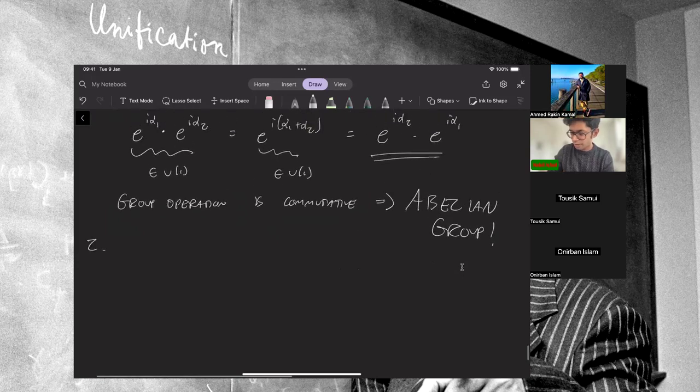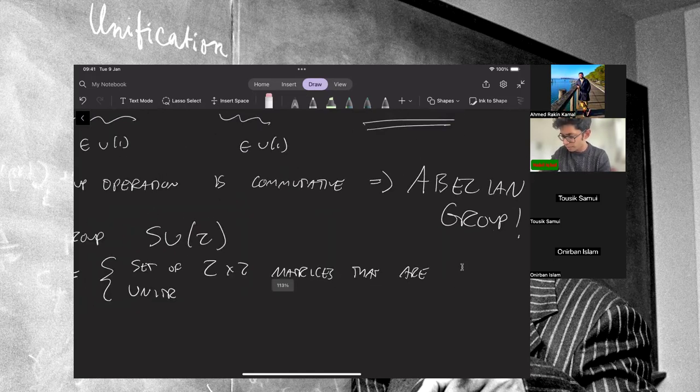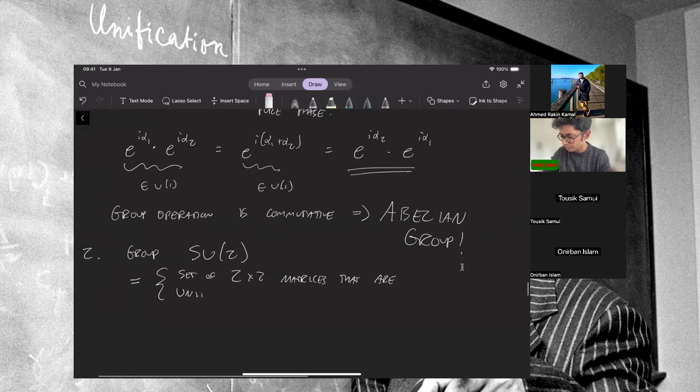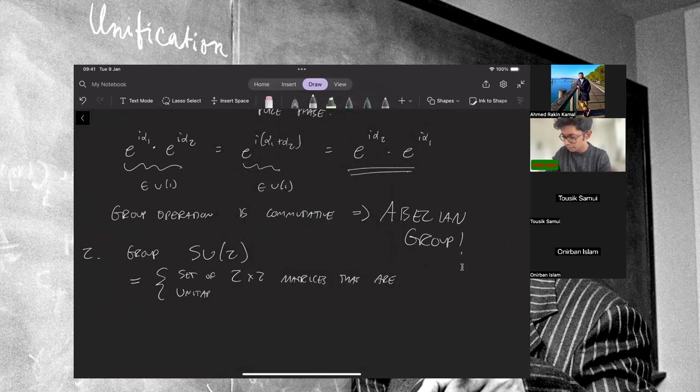Example number 2. Consider the group SU2. Okay. So what is SU2? SU2 is defined to be the set of 2 by 2 matrices that are unitary, and with determinant equal to 1, okay?